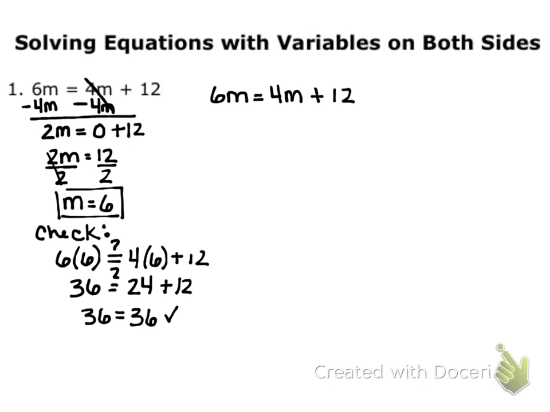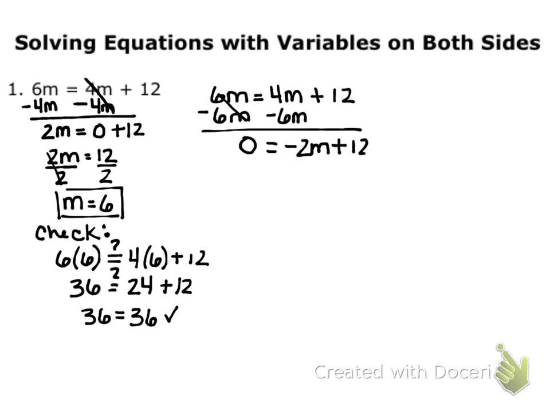So if I had moved the 6m, I would still have subtracted it because 6m minus 6m is 0. And I would have subtracted it on both sides. So I would now have 0 equals 4 minus 6 is negative 2m plus 12.